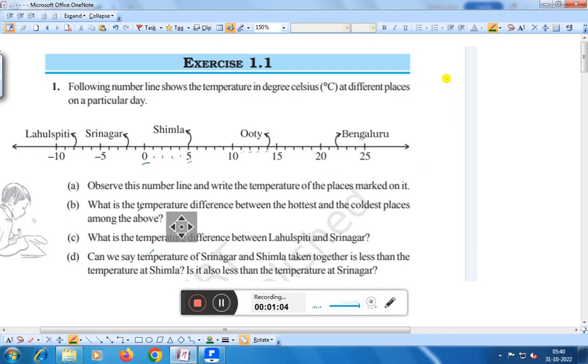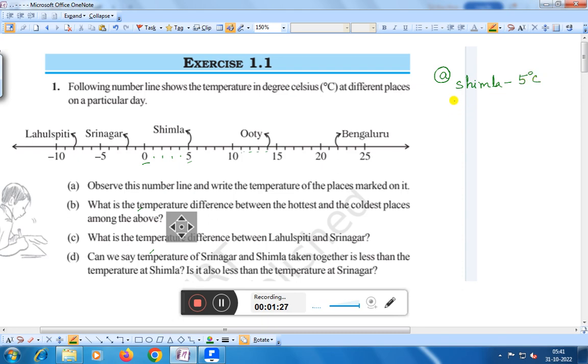Therefore, we write here, A: Shimla, the temperature of Shimla is 5 degrees centigrade.